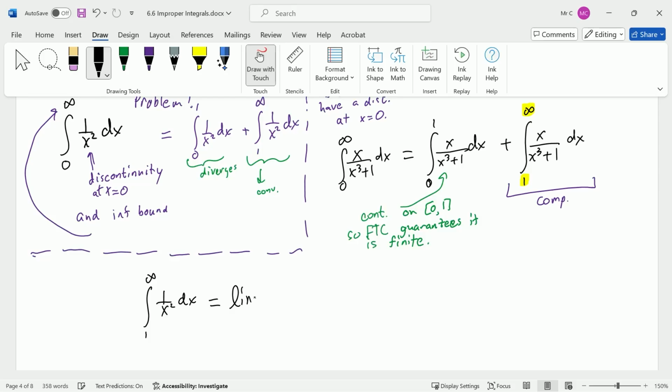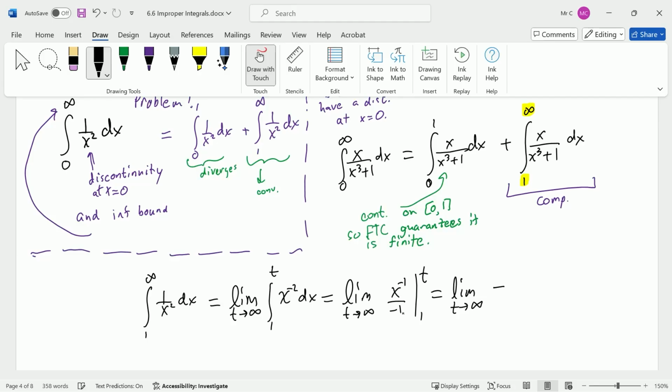That's the limit as t goes to infinity of the integral from 1 to t of x to the negative second dx. That's the limit as t goes to infinity of x to the negative first power divided by negative 1, evaluated from 1 to t. I'm going a little quickly on this, but it's a pretty standard integral.